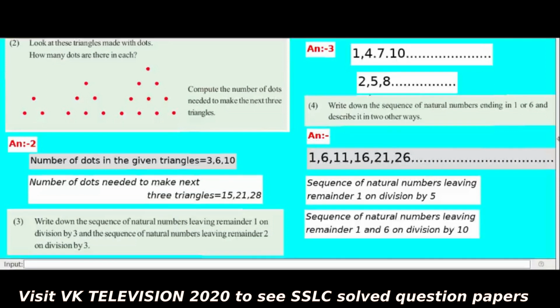So we write the sequence of natural numbers leaving remainder 1 and 6 on division by 10. So this sequence can be expressed in 2 other ways. First, the sequence of natural numbers leaving remainder 1 on division by 5, and second, the sequence of natural numbers leaving remainder 1 and 6 on division by 10.